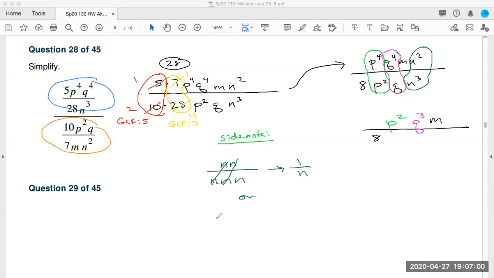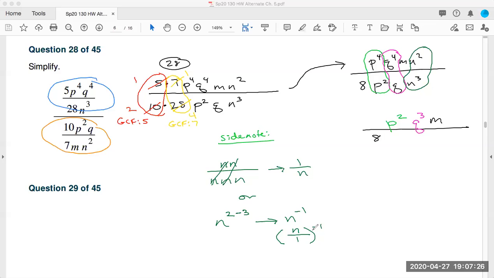Or if you say, okay, I have n and there's a 2 for the exponent in the numerator, I'm going to subtract the 3 on the bottom. That's going to give me n to the negative 1st power. Okay, when this happens, what that means, you can make n into n over 1. That's to the negative 1.